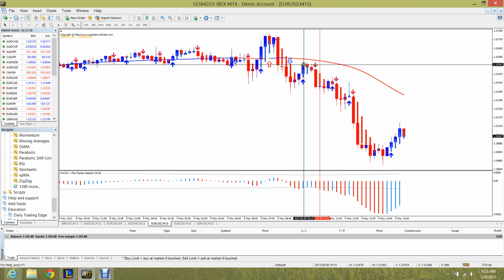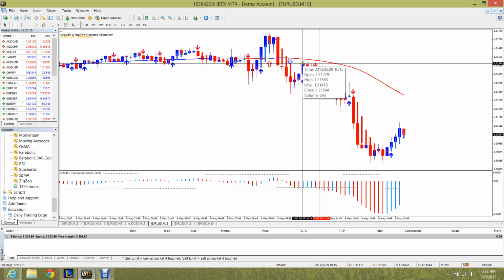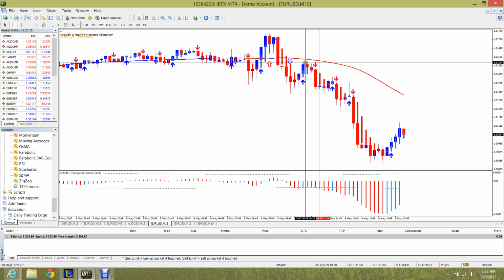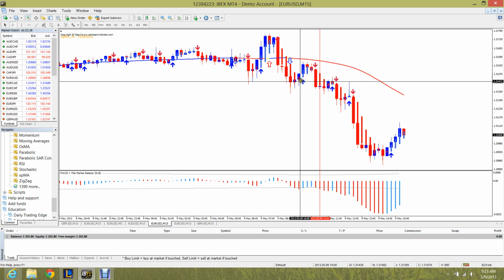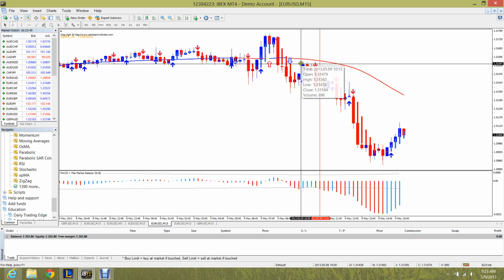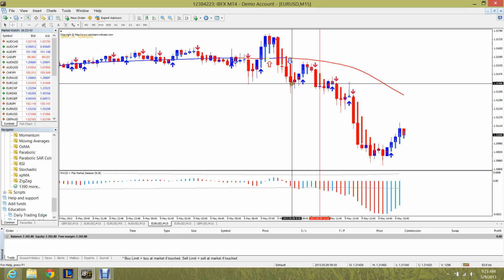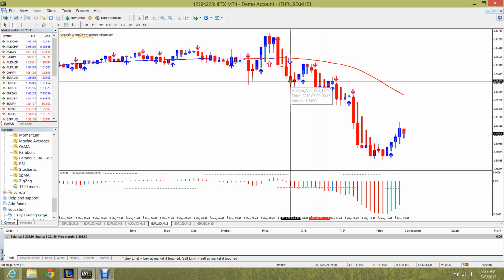I usually identify that by a high with 2 candles before it beneath it that didn't pass the high, and 2 candles after, and that's what indicates a swing high. 2 candles before and after indicate a swing low.